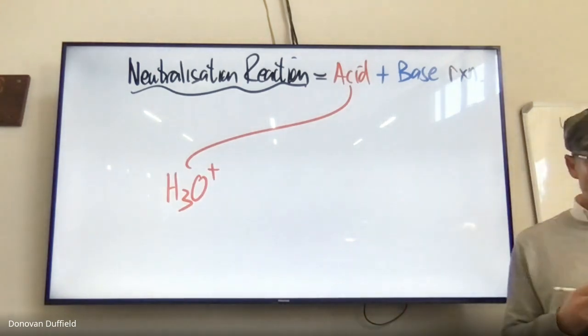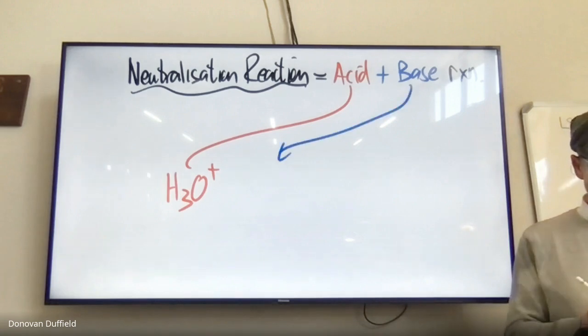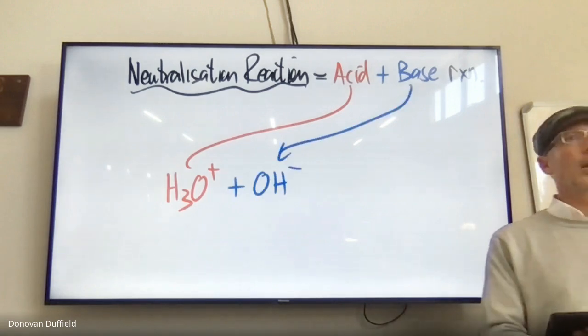And the types of bases that we work with are alkalis that, generally speaking, have a hydroxide ion.